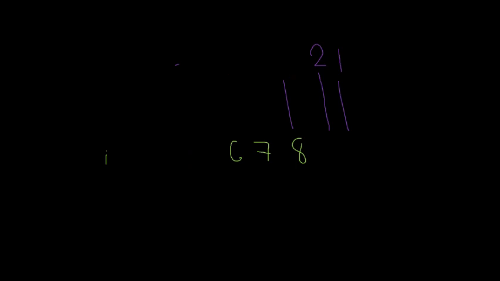Now, let me show you a similar example for ionic bonding. So, let's say your friend has 1, 2, 3, 4, 5, 6, 7 pencils with her, and you have 1 pencil with you.